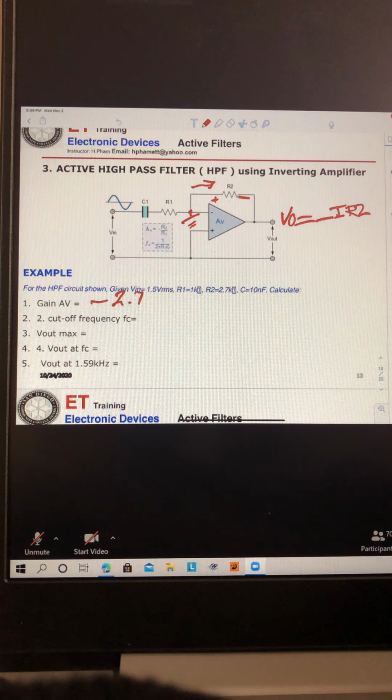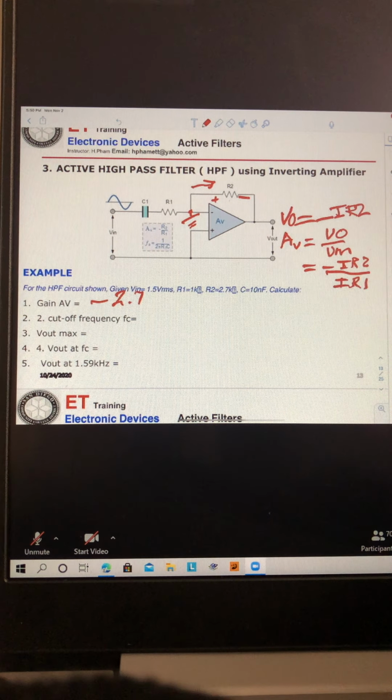VL will be equal to minus I R2, divided by V in. What does V in equal? I R1. Get the AV. AV will be equal, cancel I, minus R2 over R1. That explains why they get minus.